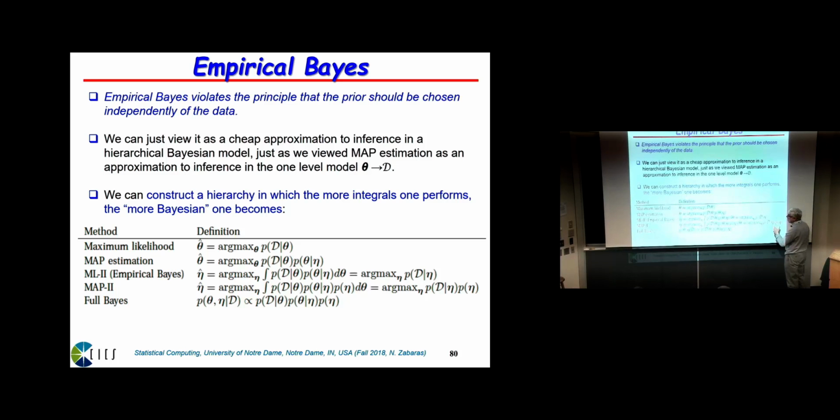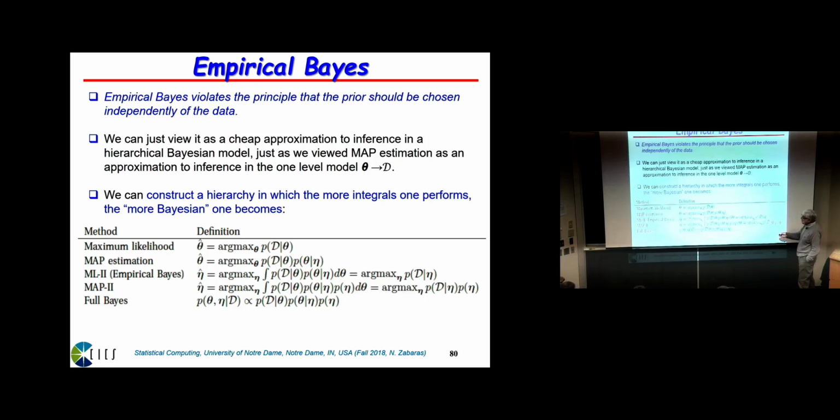So the idea here is that if you use a point estimate for the hyperparameters, eta, the problem does not overfit, okay? You cannot do this for theta, but you can do this for eta. So what you do is you maximize this marginal likelihood.